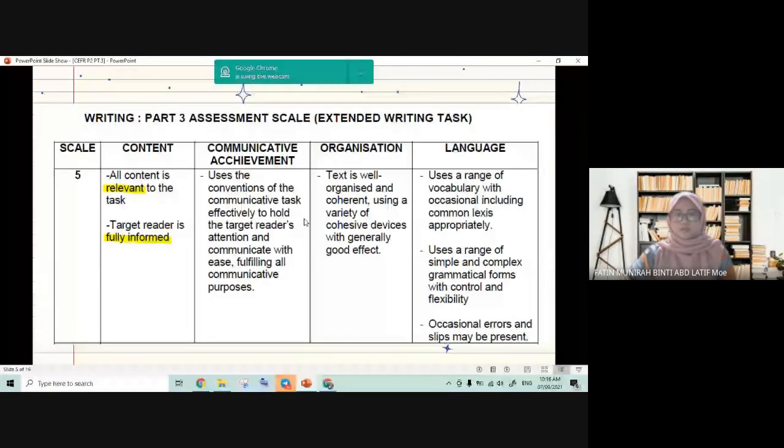Okay, we move on to the number 3, organization. Okay, organization is basically planning. Macam mana awak plan essay awak. Okay, well organized and coherent. So coherent means kesinambungan tu ada. So I believe that every essay, tak kira lah bahasa Melayu ke bahasa Inggeris ke bahasa Cina ke, semua kena ada coherency, kesinambungan.